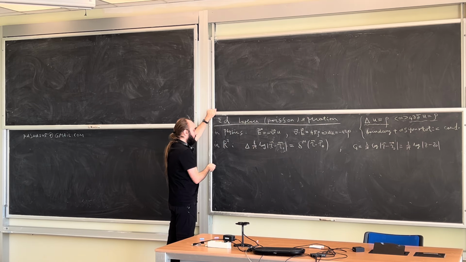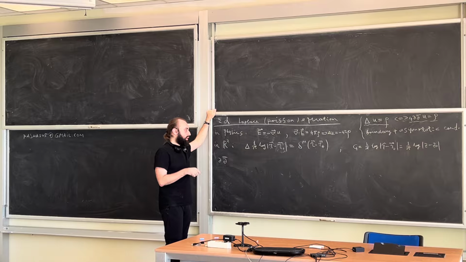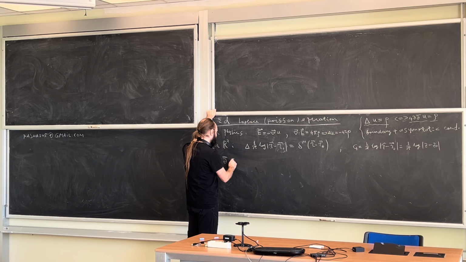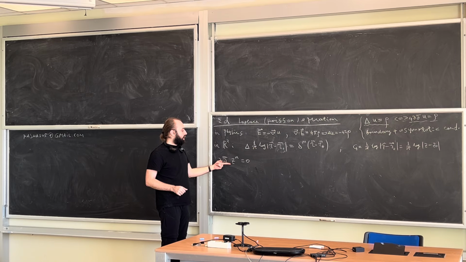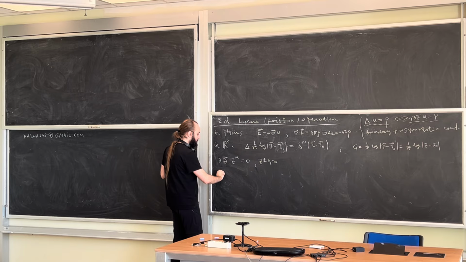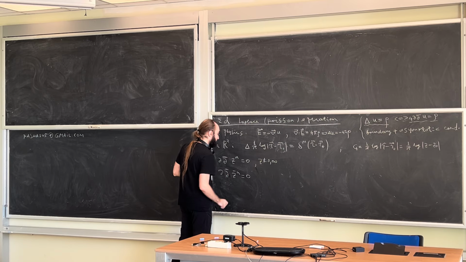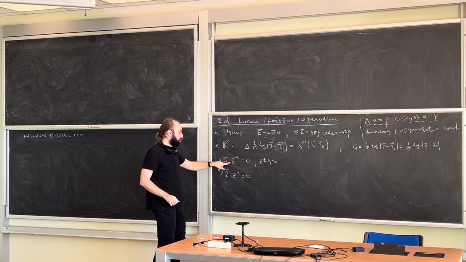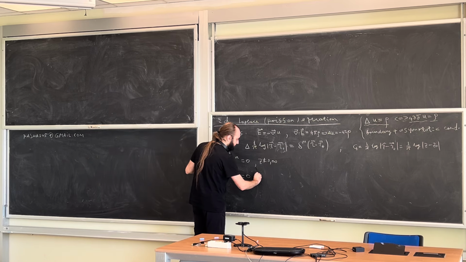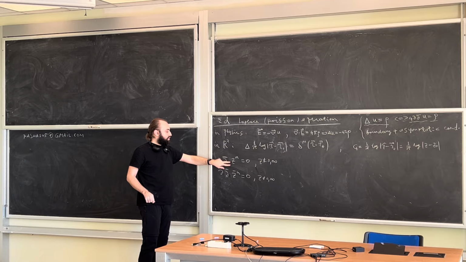But the point is that solutions of this equation in the appropriate domain, like on the plane without zero and infinity, have the form of z^n, so d d bar of z^n equals 0 when z is different from 0 and infinity, and also d d bar of z bar^n equals 0, because one of these two derivatives kills either z or z bar.